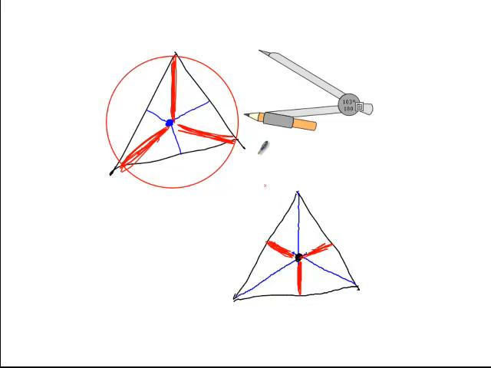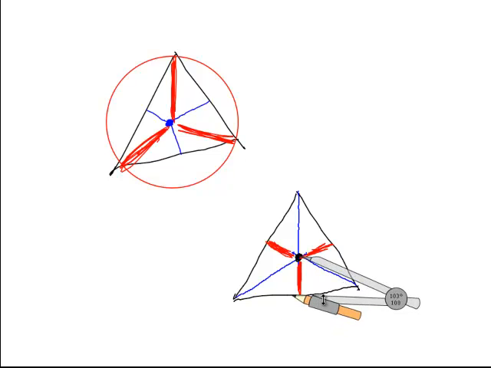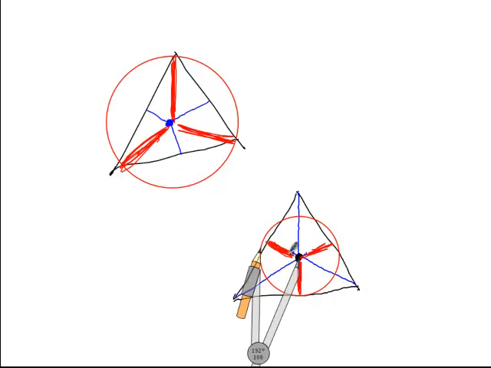And let's keep our compass right here. If you'll notice, the perpendicular bisectors form the center of a circle. The angle bisectors form the center of a circle too. And in fact, that was a little bit off. Sorry about that. I apologize. In fact, let's try that one more time.